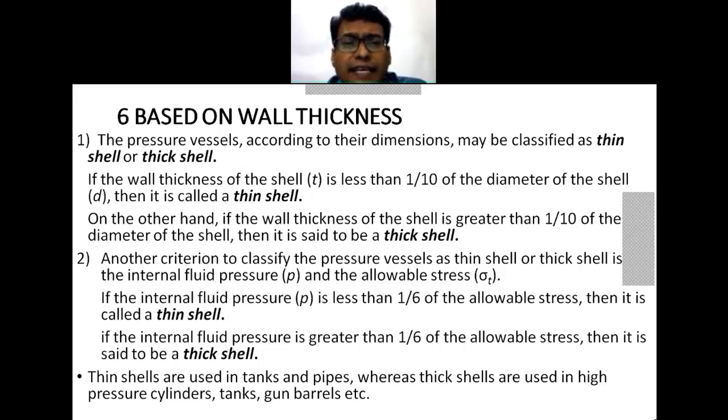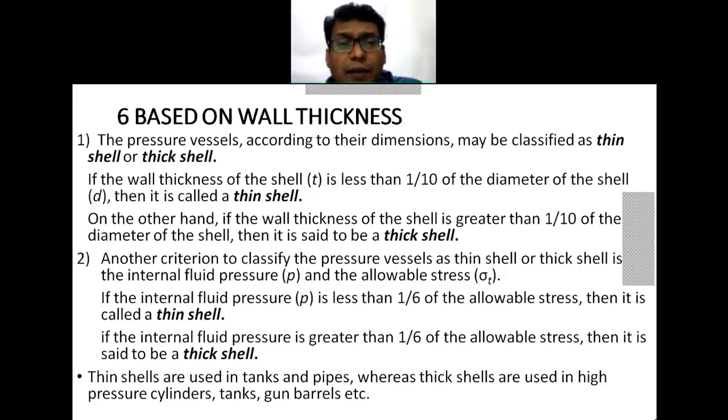Then based on the wall thickness, the pressure vessels according to their dimensions may be classified as thick wall and thin wall vessels. Depending on the thickness of the shell, if it is less than 1/10 of the diameter of the shell, then it is a thin shell vessel. That means the thickness is related to the vessel diameter.